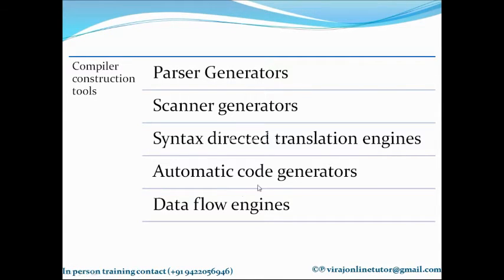The next is automatic code generators. Automatic code generators take a collection of rules that define the translation of each of the operations of the intermediate language into the machine language, which is the target program. The name itself indicates code generators. What is the target of a code generator? It generates a machine level program.